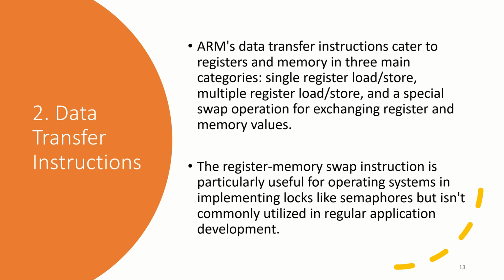Additionally, there is a unique instruction for register memory swap operation, facilitating the exchange of values between a register and a memory location in a single step. While primarily used by operating systems for implementing various locks like semaphores, these instructions are not typically needed in regular applications development.